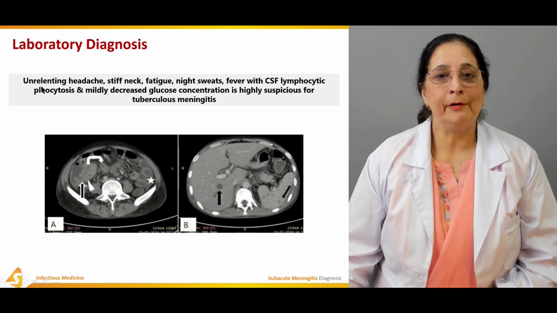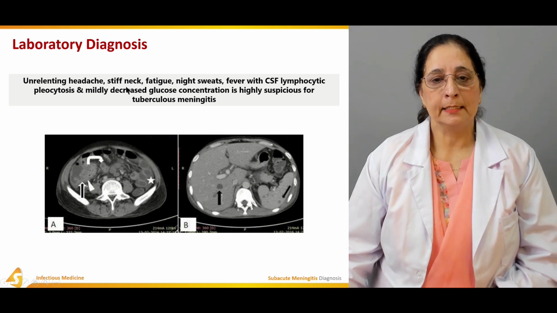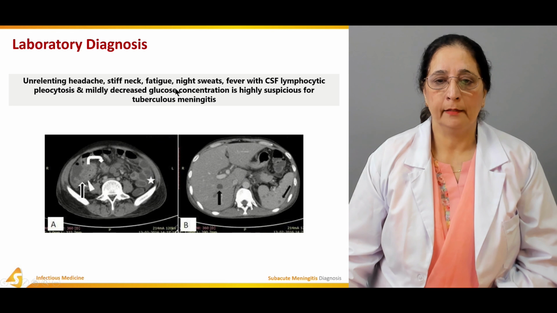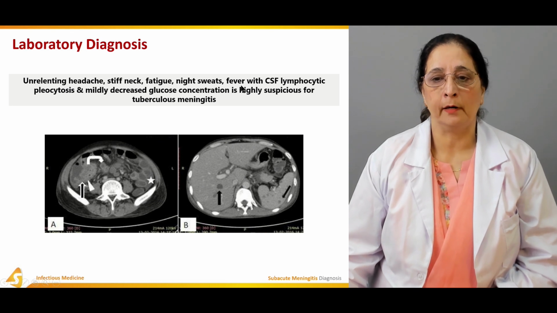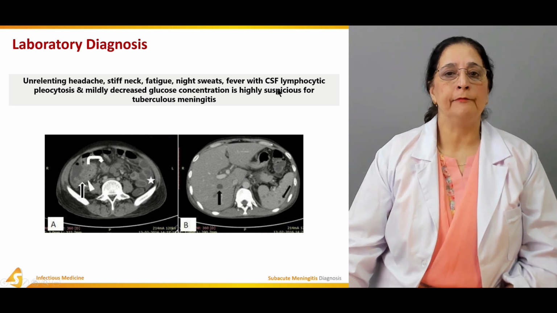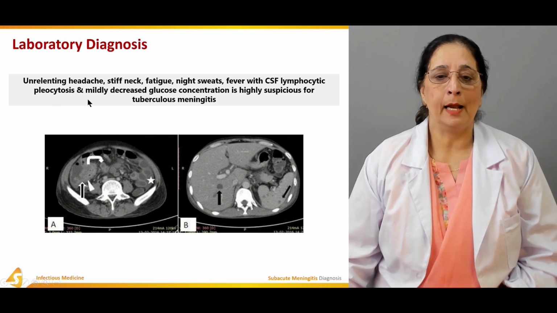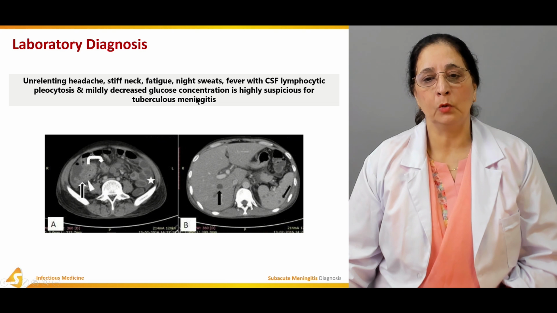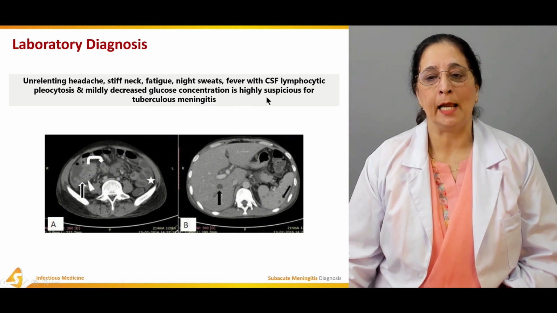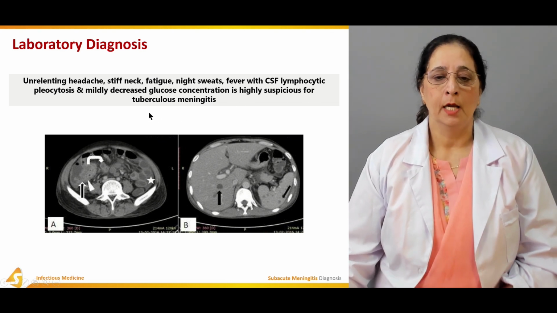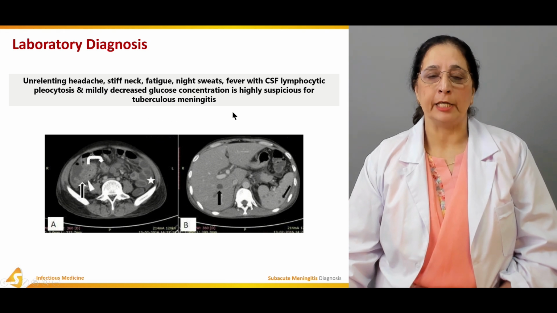There is unrelenting headache, stiff neck, fatigue, night sweats, fever with cerebrospinal fluid lymphocytic pleocytosis, and mildly decreased glucose concentration, which is highly suspicious for tuberculous meningitis.